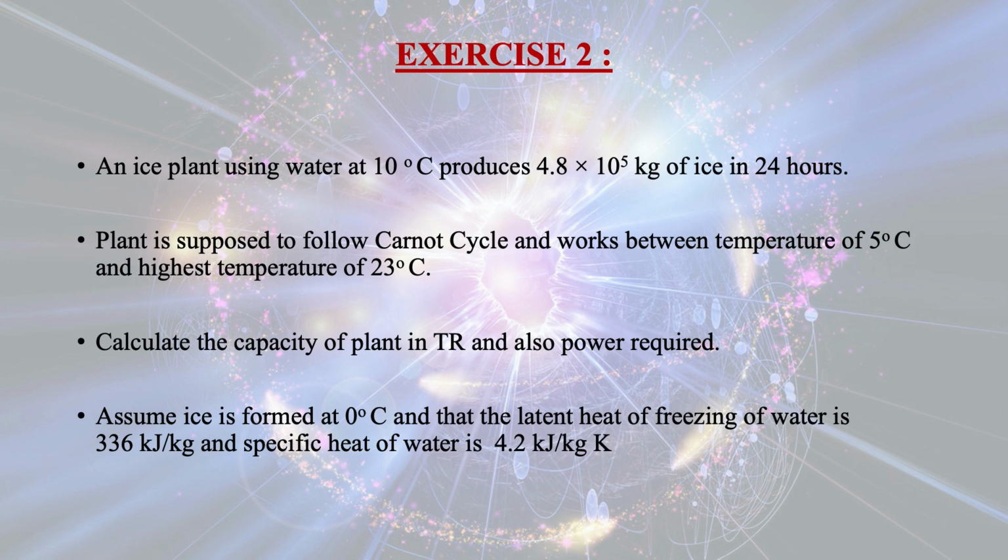Calculate the capacity of plant in tons of refrigeration and also power required. Assume ice is formed at 0 degrees centigrade, the latent heat of freezing of water is 336 kJ per kg and specific heat of water is 4.2 kJ per kg.